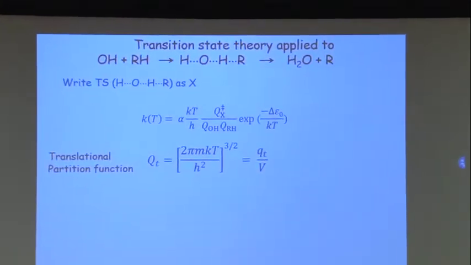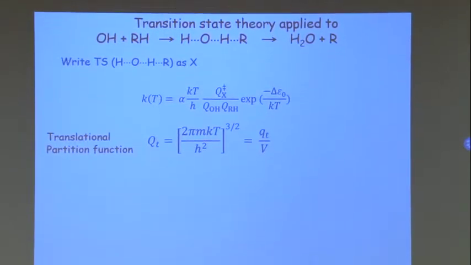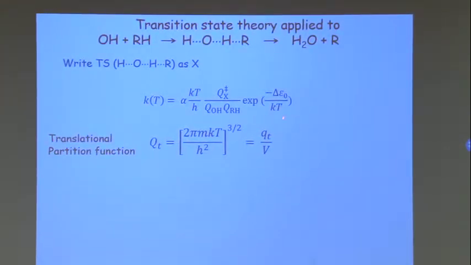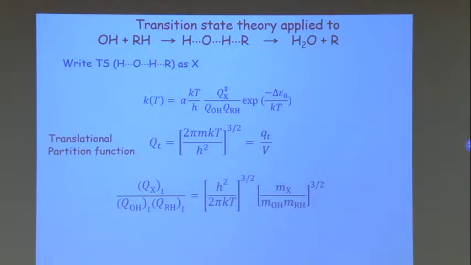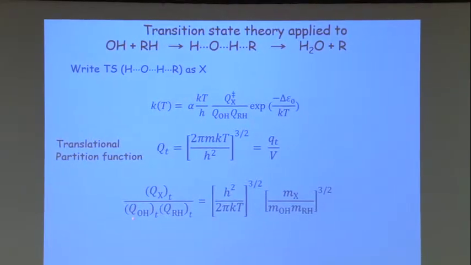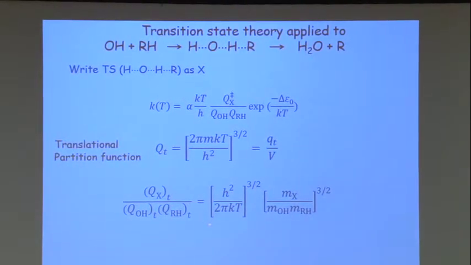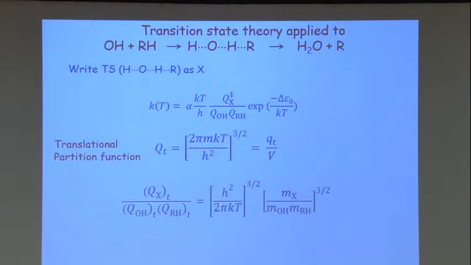And what do the translational partition functions look like? Well, there's Q, which is little q over V, (2 pi m kT)^(3/2) over h squared. Let's now write it out for everything, for X, the transition state, for OH, and for RH. And we get this ratio of masses and a temperature dependence, which is T to the minus 3/2.